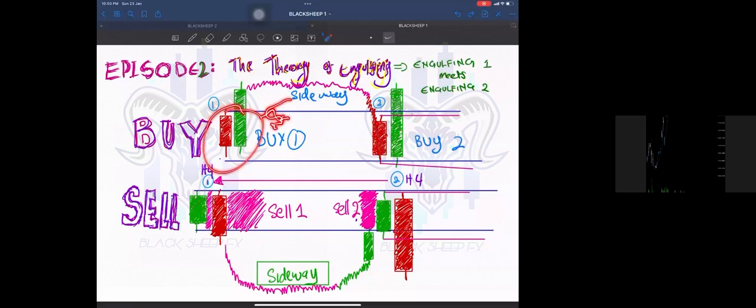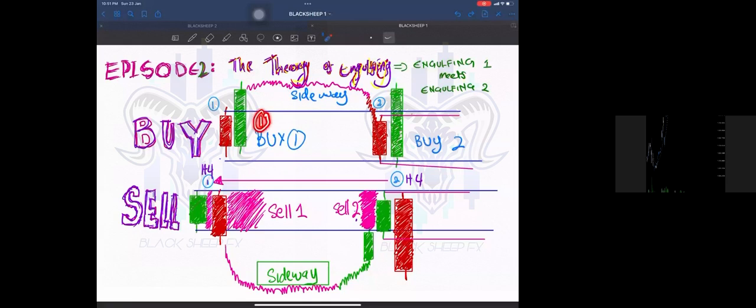The only way the brain can perceive the knowledge or information as logic is when the brain truly understands what it is doing. So we will cover the logic of engulfing buy number 2. When you understand the logic of engulfing buy number 1 and buy number 2, you become a more logical trader.